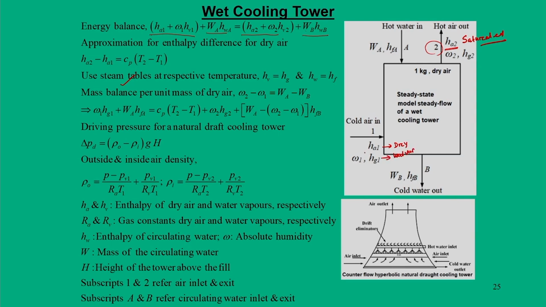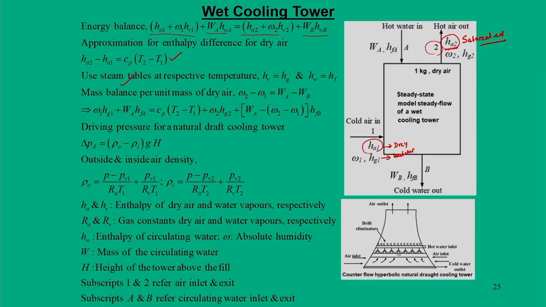Now, the difference between HA1 and HA2 is associated with Cp times T2 minus T1. So, once you know the inlet and exit conditions of air, we can find the enthalpy difference for air. So, air and water vapors have to be treated differently.